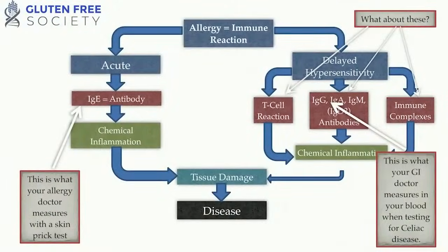But what about these others? As you can see in my animation, the T cell responses don't get measured. Generally speaking, the IgM responses are not being measured. The immune complex responses are not being measured. The genetics of gluten sensitivity are not being measured. And these are big gaping holes in data collection.